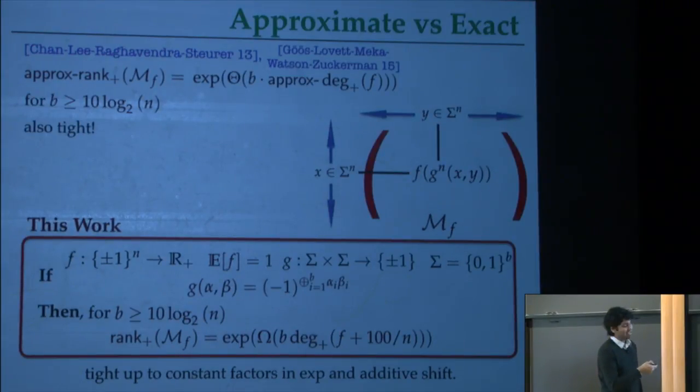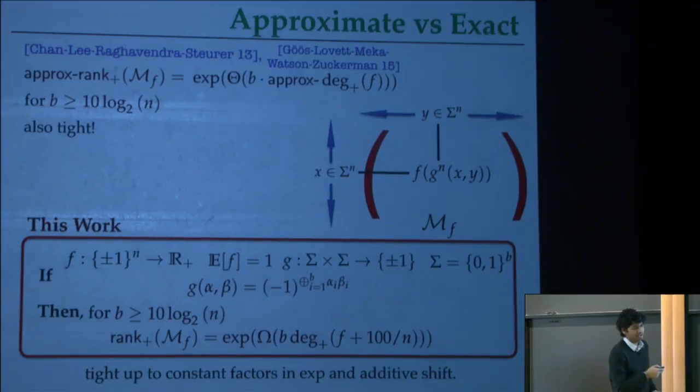Okay. I have not defined them, but basically approximate non-negative rank is the non-negative rank where, from a matrix, you're allowed to perturb any entry in infinity norm. So you're allowed to choose any matrix which is close in infinity norm to your matrix and choose the one which gives you the minimum possible non-negative rank. That's the approximate non-negative rank.